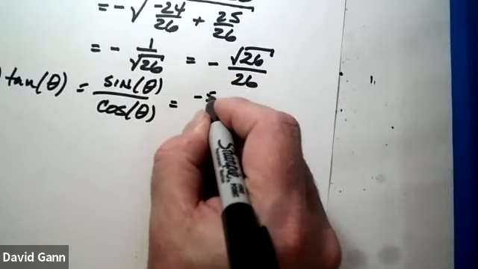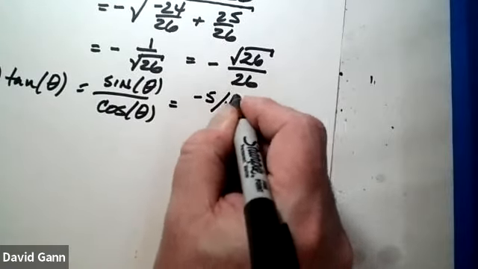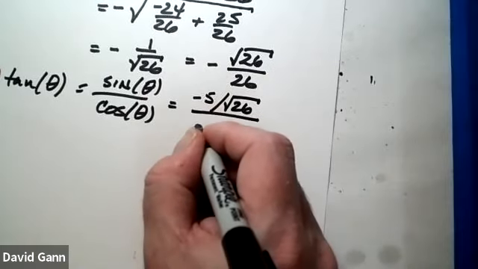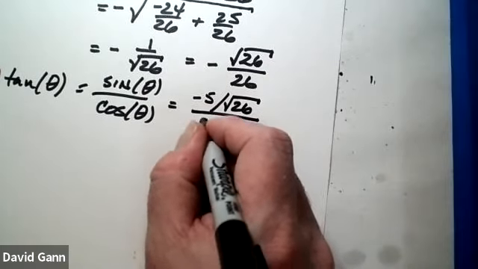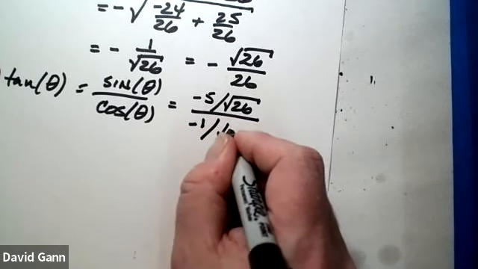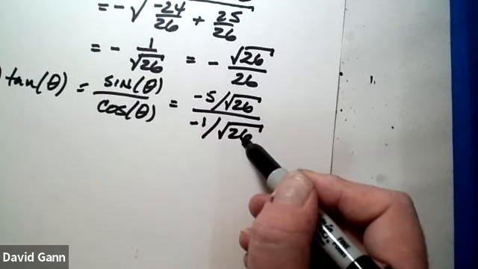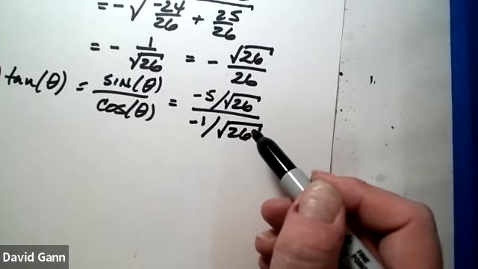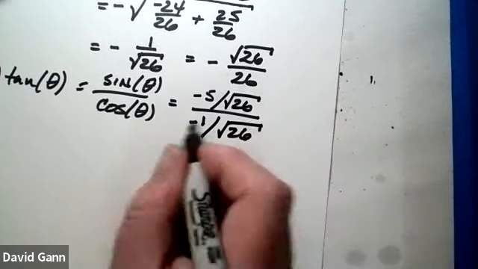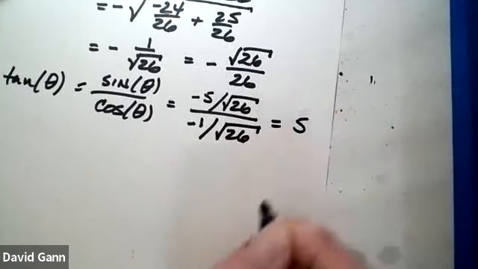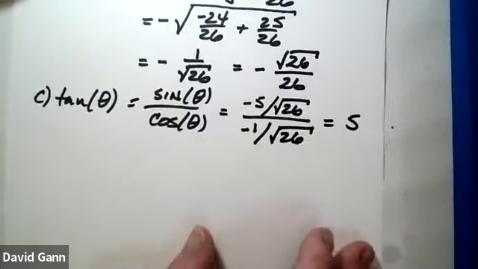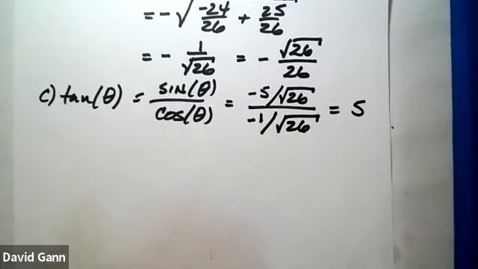So minus 5 over square root of 26, just because it's simpler, over negative 1 over square root of 26. This is sine, and this is cosine of theta here, which happens to just be equal to positive 5. Pretty simple. Now, from here, we should be able to use reciprocal identities to do the rest of them.